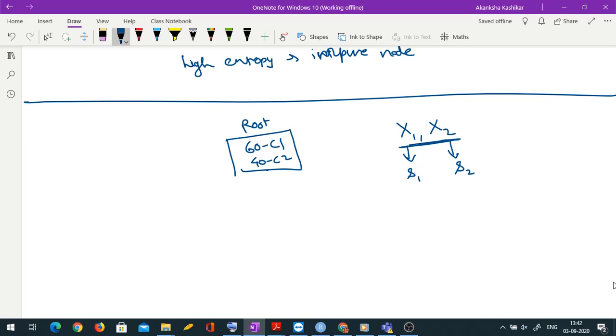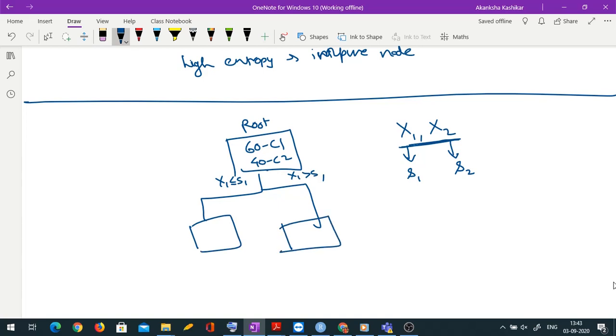Then with x1 less than or equal to S1 and x1 greater than S1, I'll get some division. So let us say 50 from class 1 here, 10 from class 1 here, and this 40 gets divided as 20, 20, suppose.